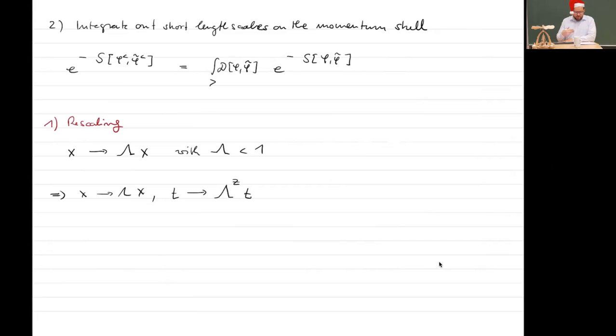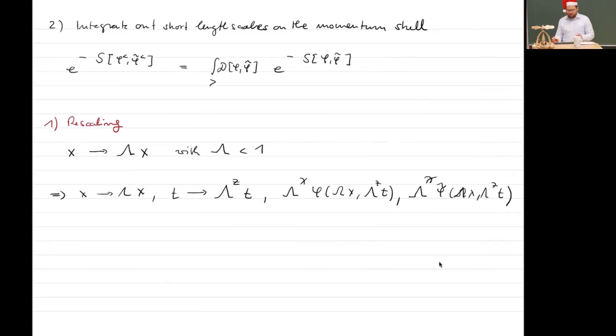And then we have to rescale our fields. Our fields rescale with some exponent chi when we rescale our x and our time this way. And our other field, the phi tilde, rescales in the same way. Phi tilde, lambda x, lambda z t.